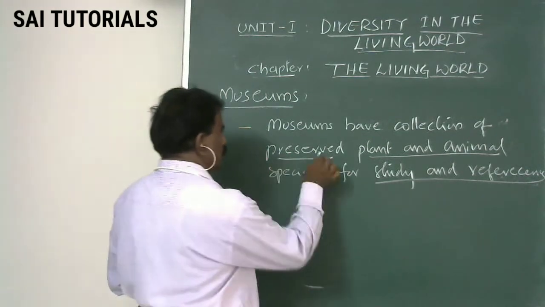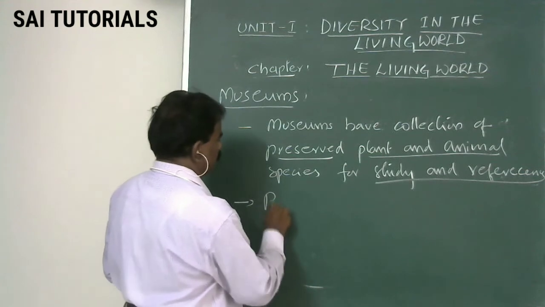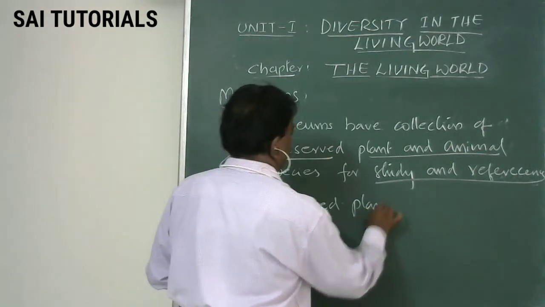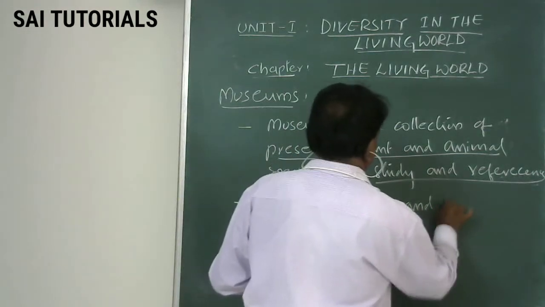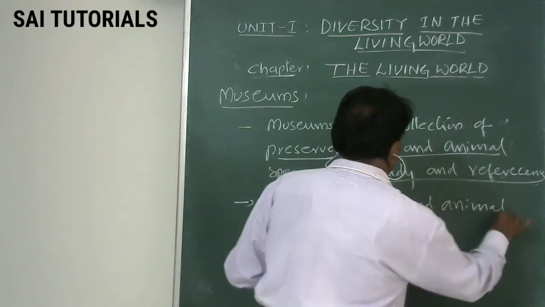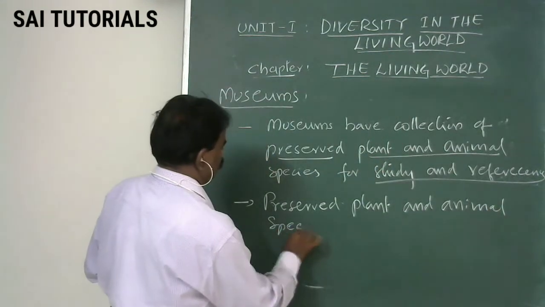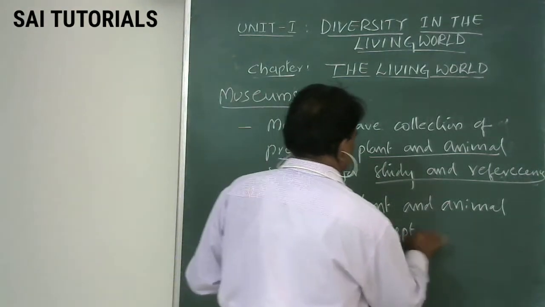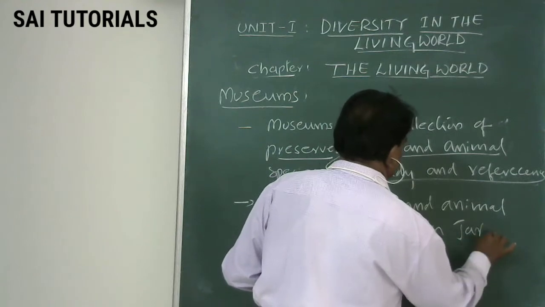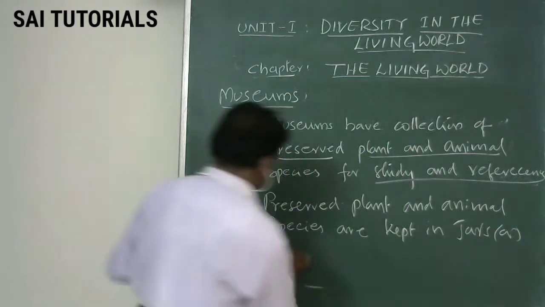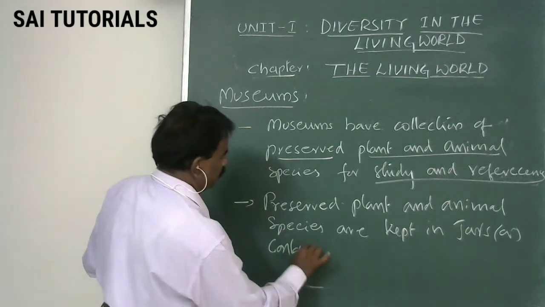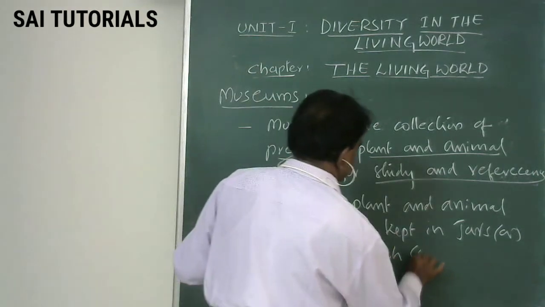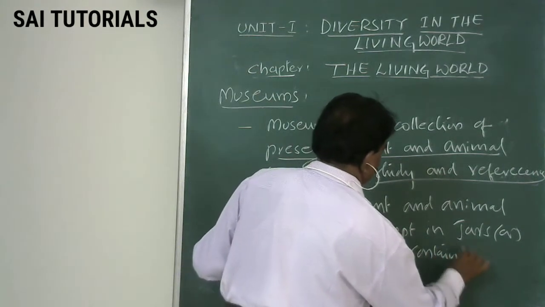So these preserved plant and animal species are kept in a jar or container which contains preservative.